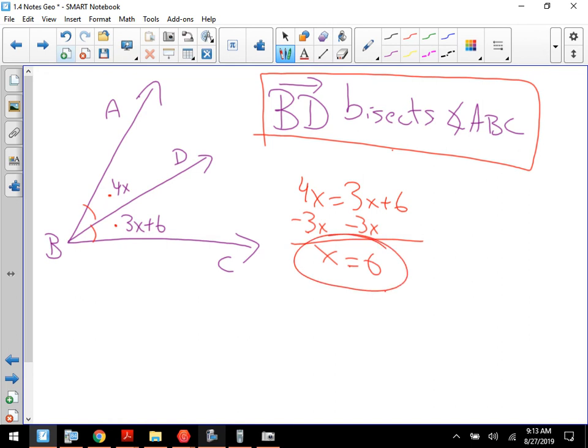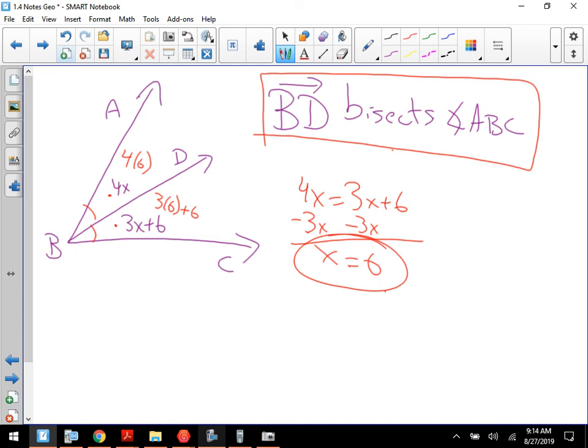But what does the problem say to do? Find angle ABC. Well, ABC, is that the part or is that the whole? It's the whole thing. Which means I have to substitute in for x in both spots. So I have 4 times 6, 3 times 6, plus 6. What's 4 times 6? 24. 3 times 6, adding 6 to it is also 24.